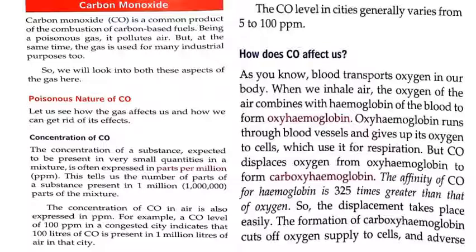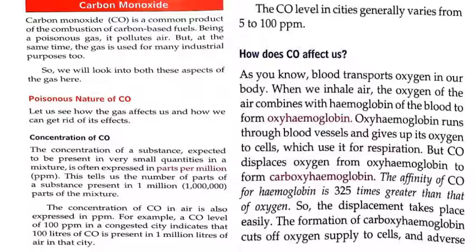For example, a carbon monoxide level of 100 ppm in a congested city indicates that 100 liters of carbon monoxide is present in 1 million liters of air in that city. The carbon monoxide level in cities generally varies from 5 to 100 ppm. So here they have explained parts per million and how much carbon monoxide is present in cities.